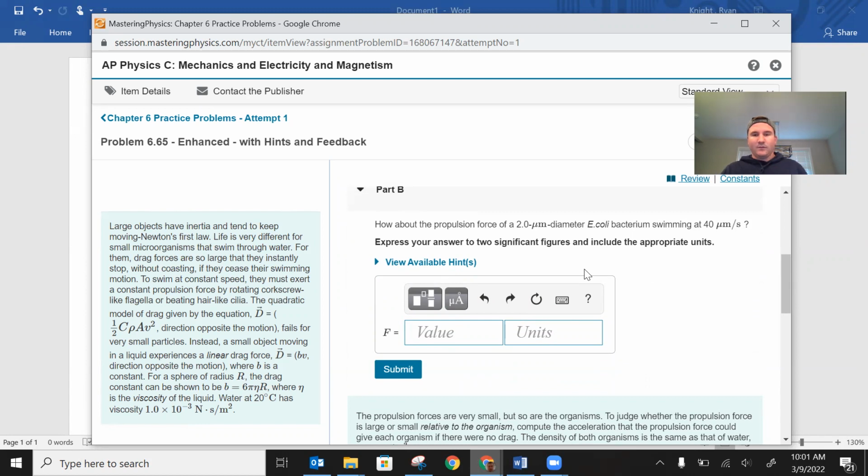So that gives us our B value, and then times velocity, so times 4.0 times 10 to the negative sixth, gives us 7.5 times 10 to the negative 13th.